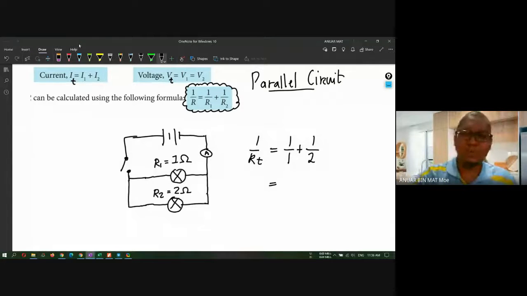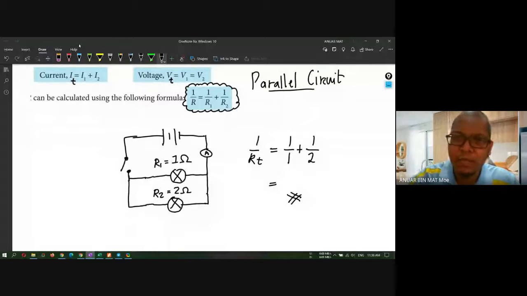You must add the fractions, right? The addition of fractions. Never mind, later you try to calculate it yourself. I just want to show you how to calculate the resistance in a parallel circuit.